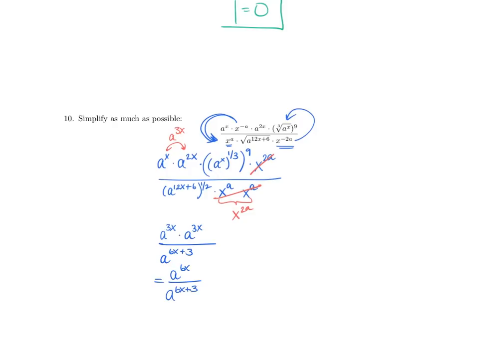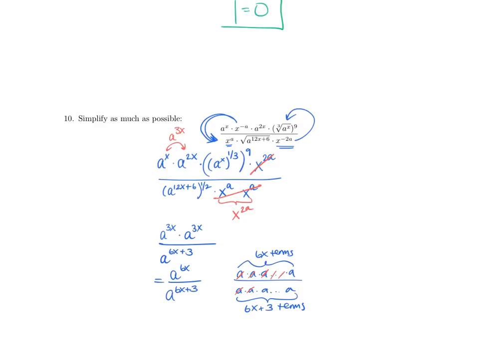And so that really means that I have 6x factors of a in the numerator, so it's like a times a times a times a. And there are 6x terms here. That's a big number. And then down here I have a times a times a times a. And I have 6x plus 3. So I have 3 more than 6x in the denominator. And so when you go about canceling, you're like, yay!